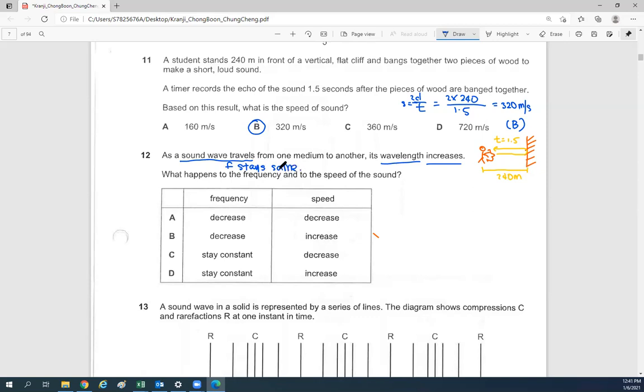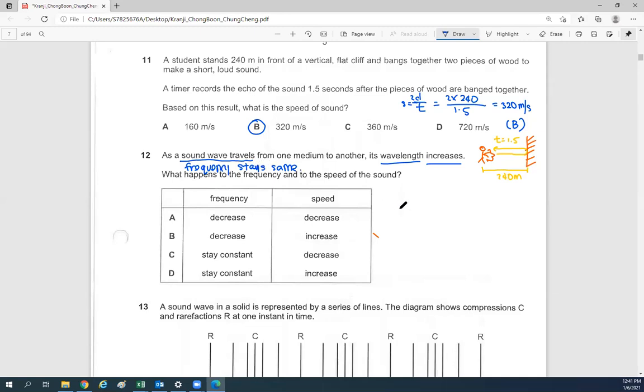Okay, now why is that so? The frequency is actually based on the source, usually. Okay, so let me write it in full. The frequency stays the same because usually the frequency depends on the source. So if I'm clapping or if I'm speaking, the source matters in creating the frequency.